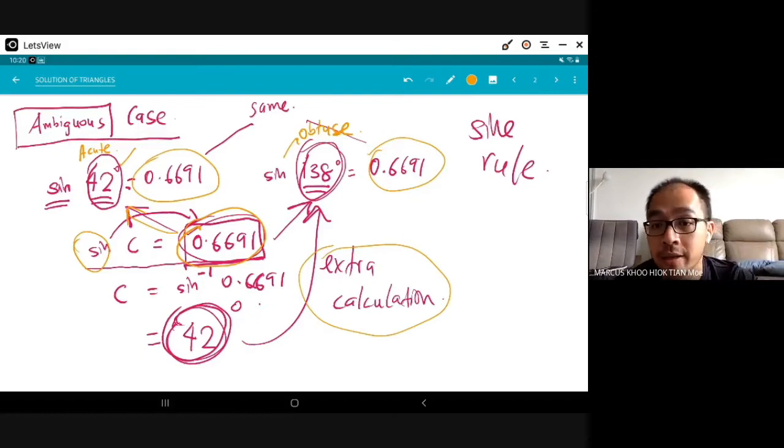Sine 138 is an obtuse angle, but it gives you the same sine value, 0.6691. That's why we need to know, if I shift sine the 0.6691, which is the correct angle I'm supposed to get? Is it the acute angle or is it the obtuse angle? This is what we are supposed to study today.